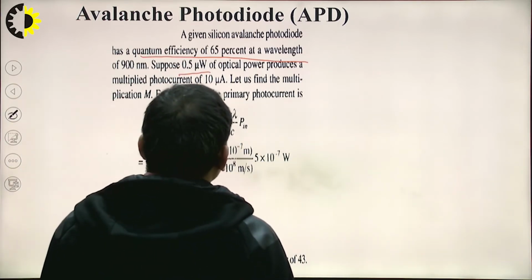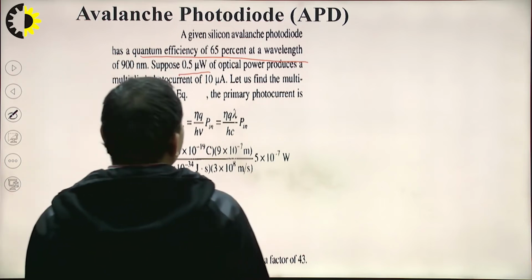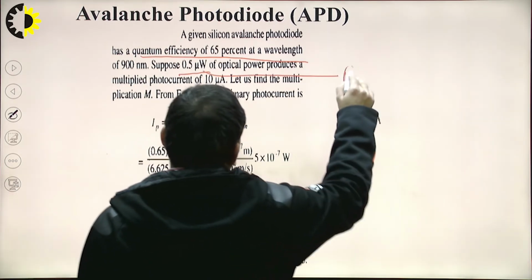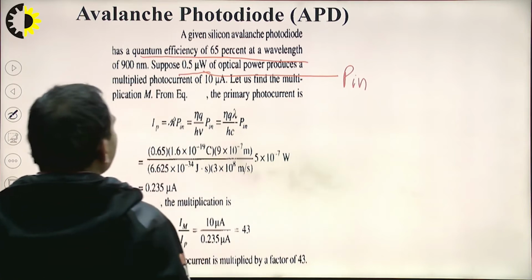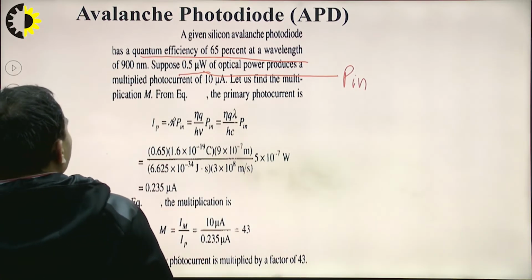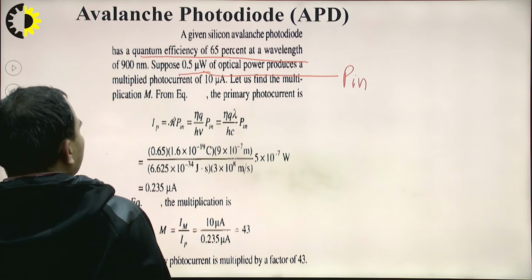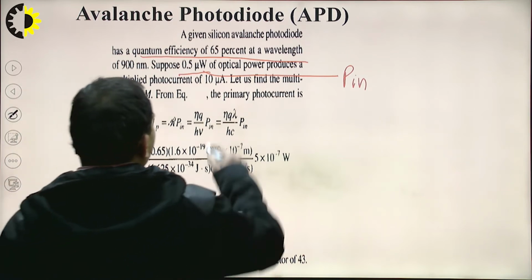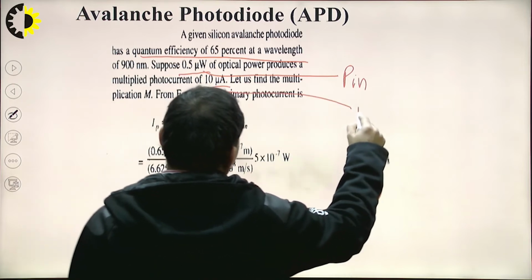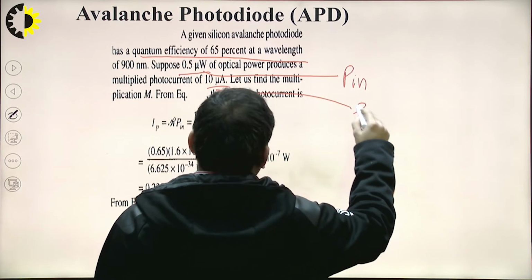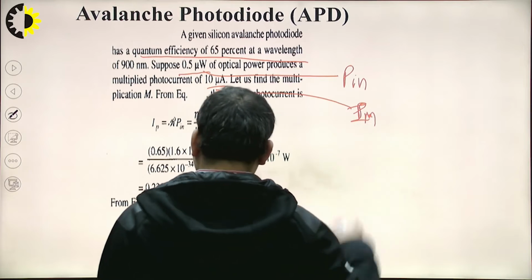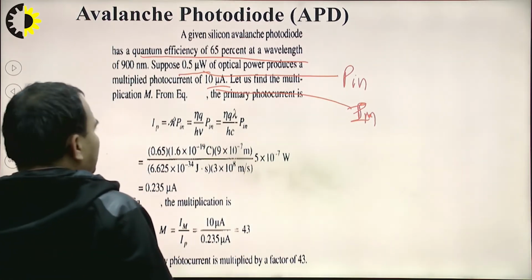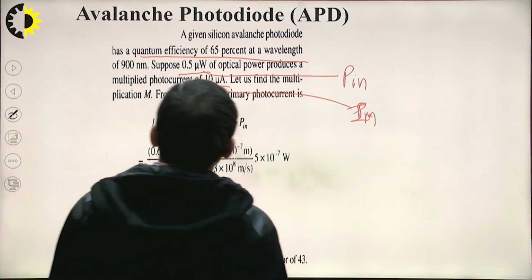This power is already given, that is known as the incident power or the input power, which produces a multiplied photocurrent. So the multiplied photocurrent IM is given to us, that is 10 microampere. So, let's find the multiplication factor M.